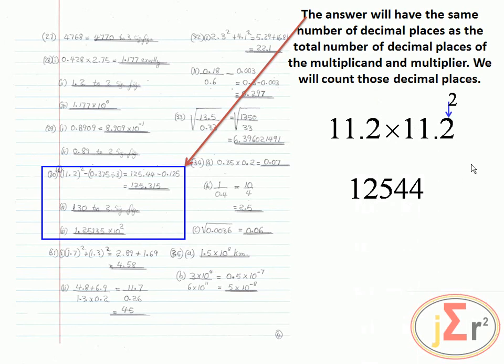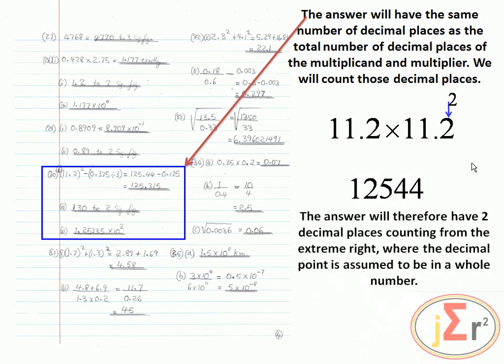Therefore, in our answer, we need to also include 2 places of decimal, counting from the extreme right, where the decimal point is assumed to be in a whole number. In a whole number, the decimal point is assumed to be at the extreme right, and we will count from that position 2 places of decimal. 1, 2, and there.